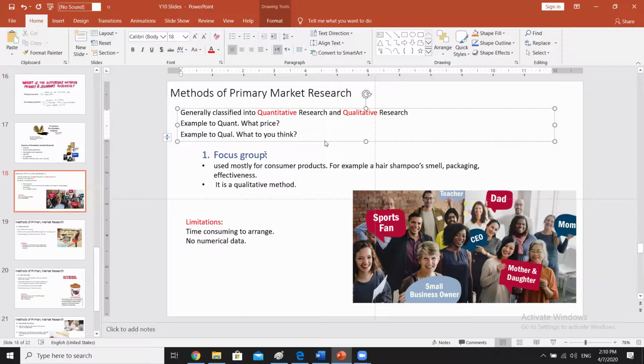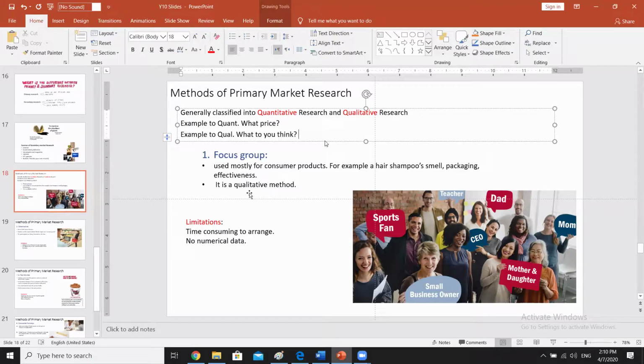But businesses usually try to rely on quantitative methods because it's easier to make conclusions about. Qualitative, I could have a different opinion about what they mean. So it's not very objective, the qualitative ones, and you can't measure them, which means you can't make reliable conclusions about them. Okay, so the first method is the focus group, we call it.